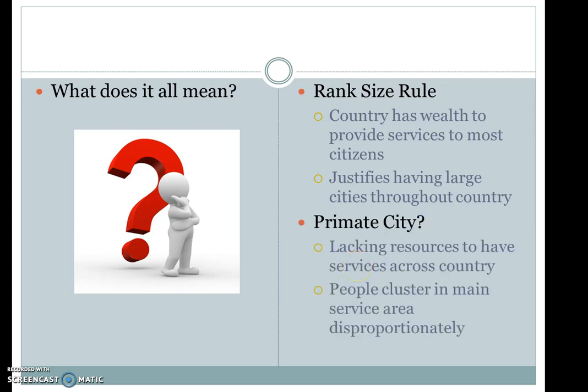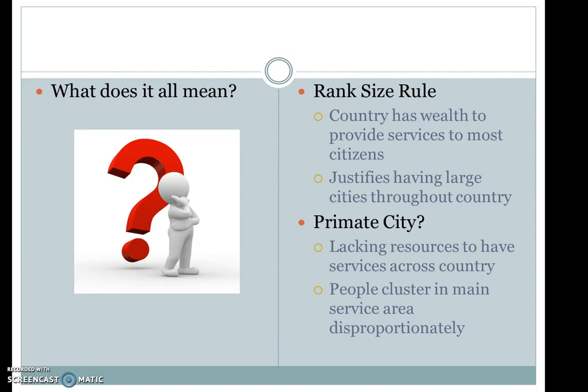A primate city generally means that they're lacking certain resources to have services across the country. As a result, people aren't spread out evenly or proportionately across the country. Instead, they tend to cluster in the main service area, disproportionately to the rest.